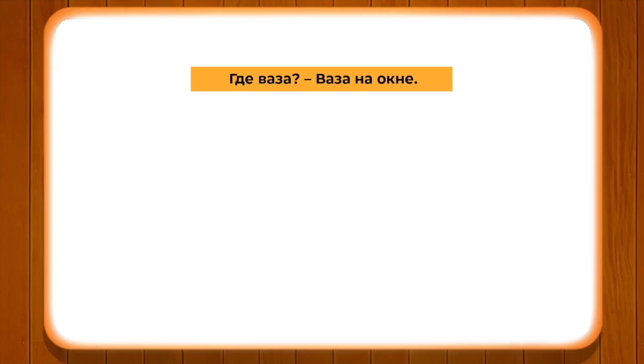So now let's go ahead and pay attention to some of the words of the neuter gender. Now we will see how the endings of these words change when we pose the question gde. So gde vaza? Na okne, na okne. In this case you can see that we are talking about neuter gender words. So okno changes into okne, but the predlog which we have is na.